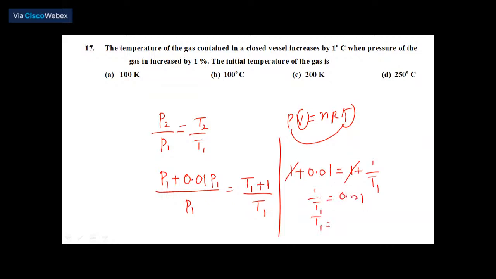T1 is the reciprocal of this, 1 divided by 0.01. 0.01 is 10 power minus 2, which on coming to the numerator will become 100. So T1 is equal to 100 Kelvins. Initial temperature is 100 Kelvins. 17th one, option T is correct. We'll move to the next one.